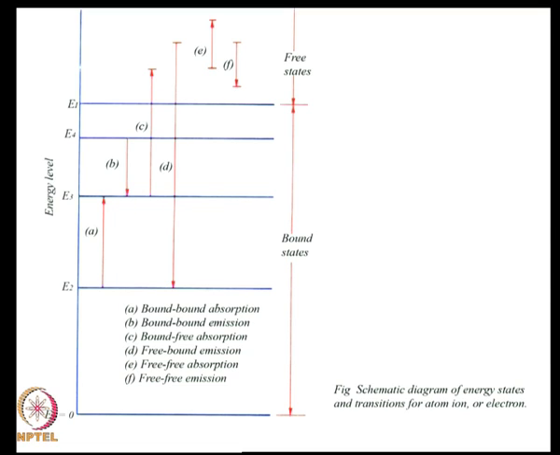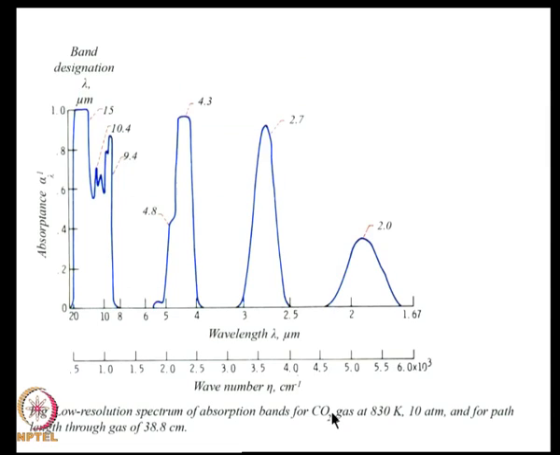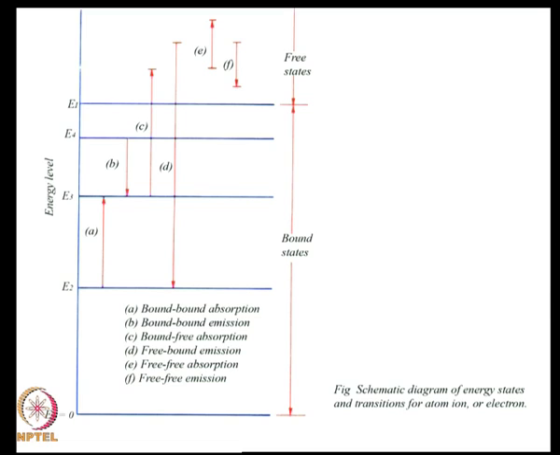On the other hand, if the temperature is sufficiently high, a molecule can jump from a bound state to a free state. In the free state, the kinetic energy of the molecule can be anything, and hence you absorb radiation continuously with no gap in between.